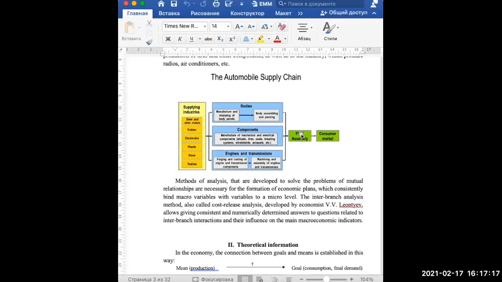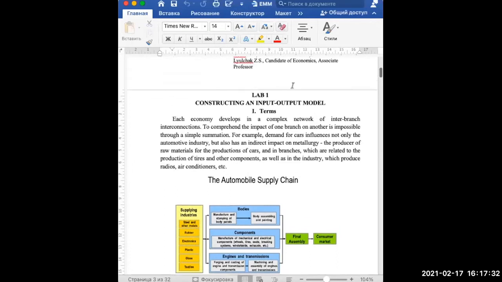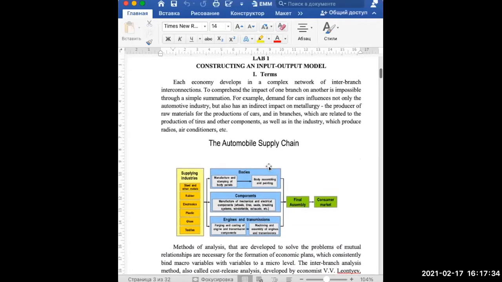And for these sectors, we are not a client, we will be what? We will be supplier. So each branch or sector of economy in this model we describe as supplier and client at the same time.